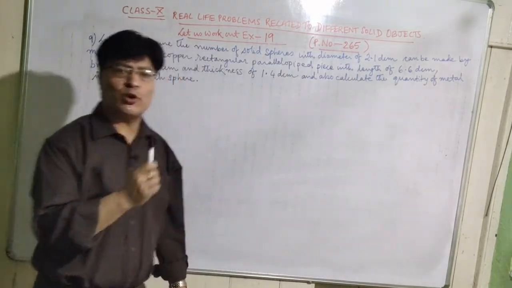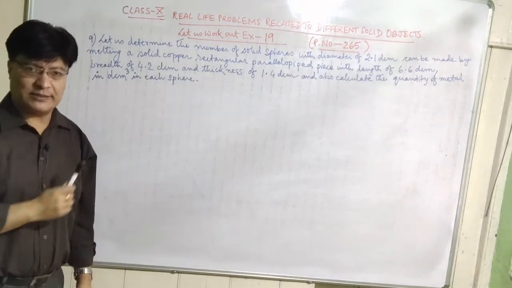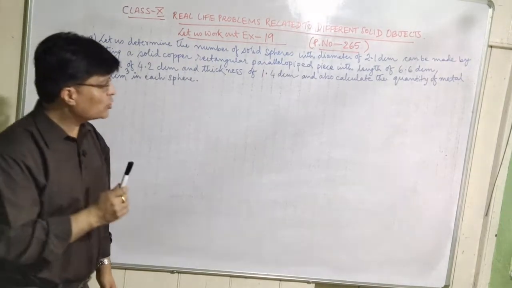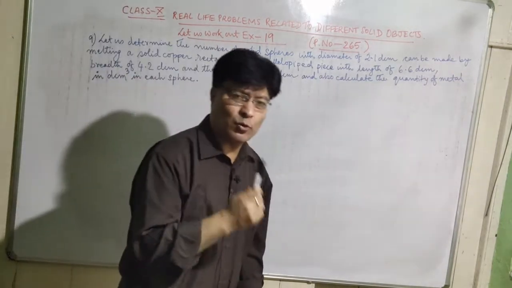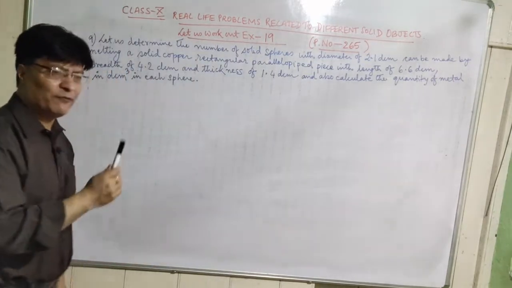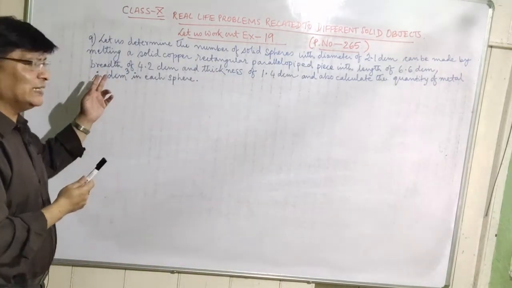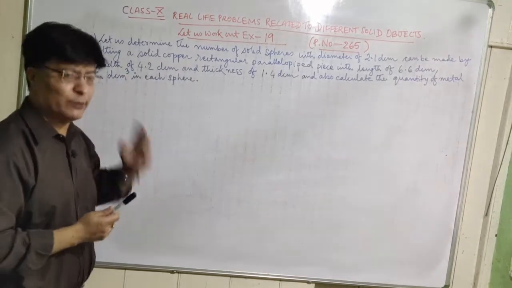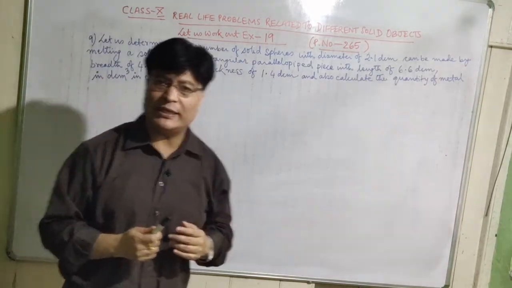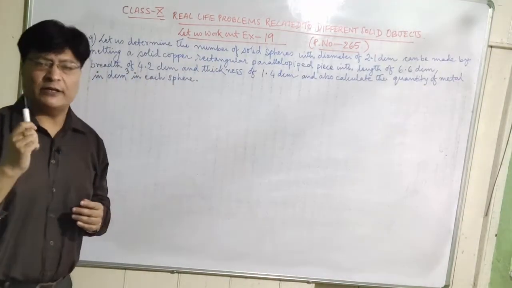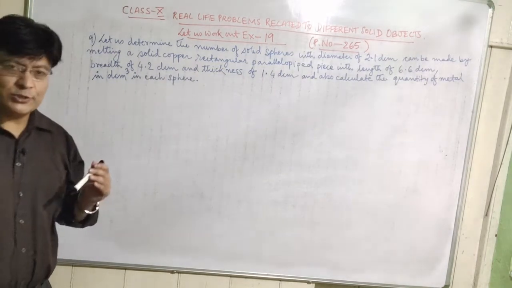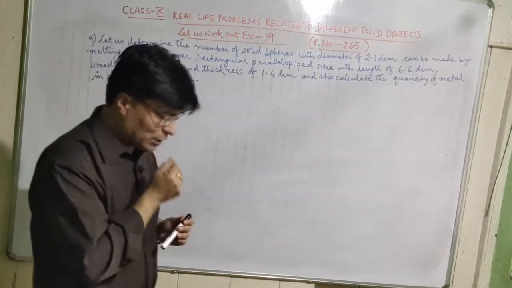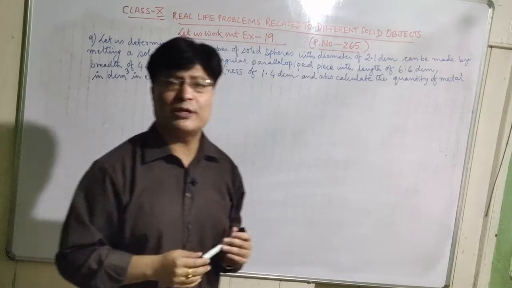So how many solid spheres can be made? You have to find it. Also you have to calculate the quantity of metal. You have to find out the quantity of metal in decimeter cube in each sphere. That means you have to find out the volume of each sphere also. So I think you have understood it. So in this case, you have to find out the number of solid spheres.